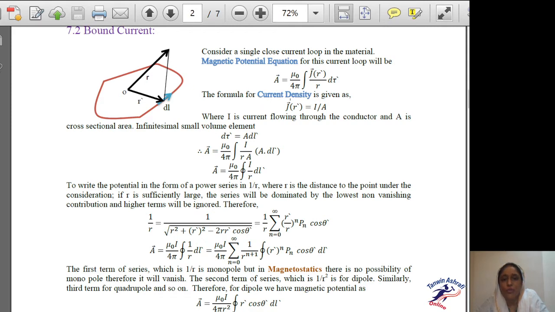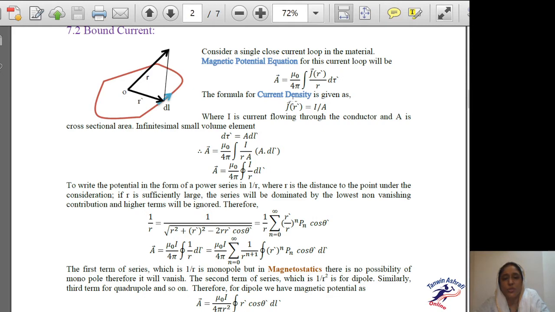The formula for current density J is given by I divided by A, where I is the current and capital A is the cross-sectional area. The infinitesimally small volume element d tau prime is area times dl.